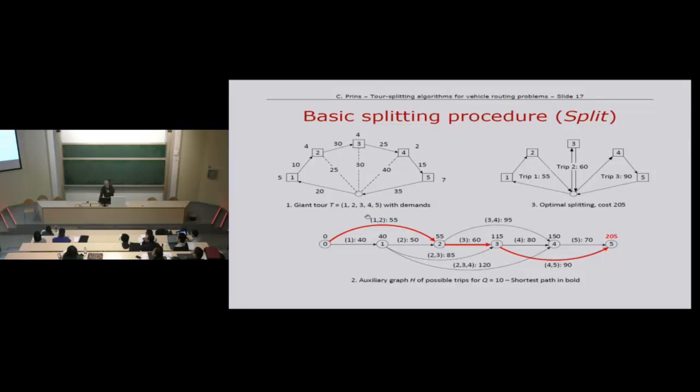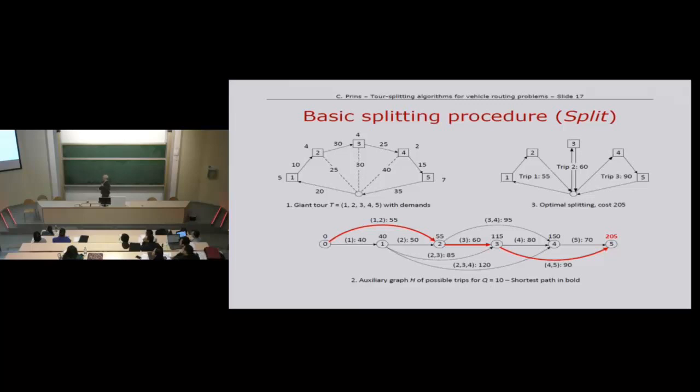So why don't we have 1, 2, 3? It's because of the capacity constraints. For a trip visiting 1, 2, and 3, you see the total load would be 5 plus 4, and remember, vehicle capacity is equal to 10.